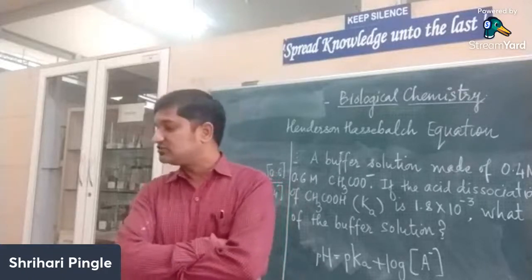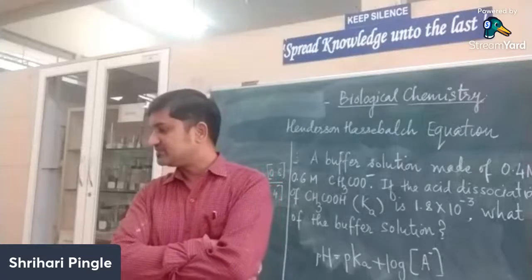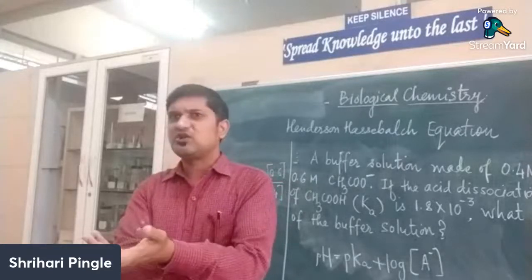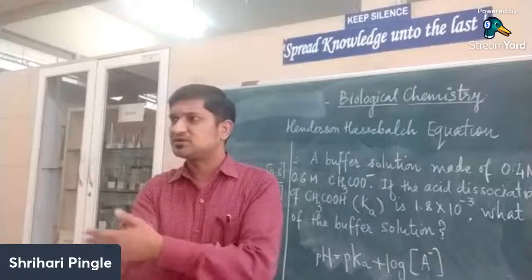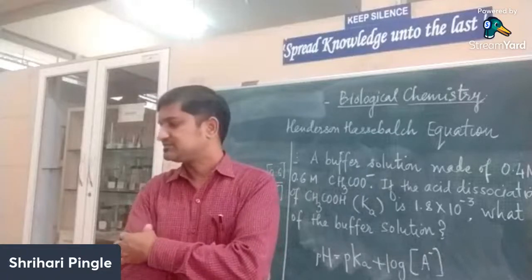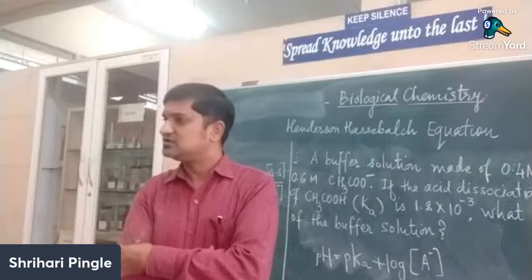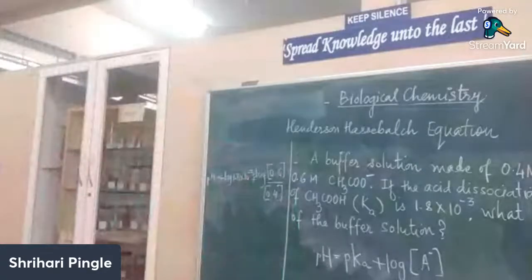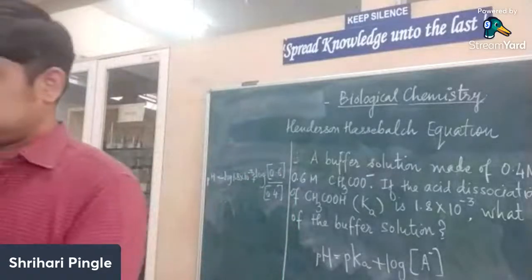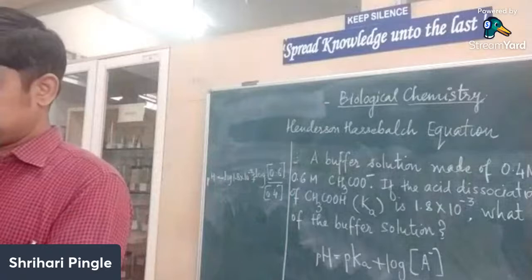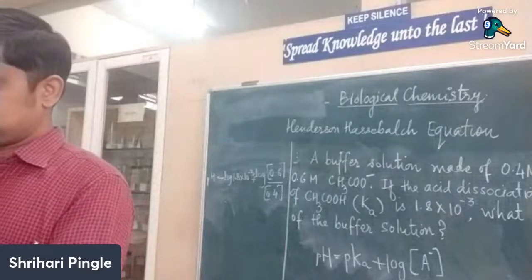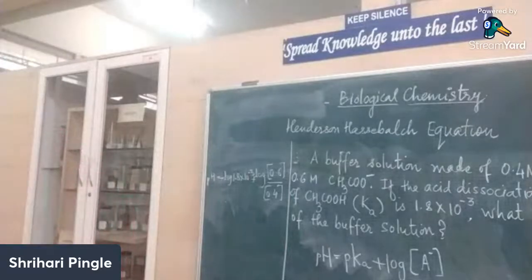ओके. कोणकोणत्या व्हॅल्यूज कॅल्क्युलेट झाल्या बाय द वे इन द मीन टाइम? 0.6 आणि 0.4 चा लॉग काढणं तर इट्स नॉट अ बिग प्रॉब्लेम. This is log.